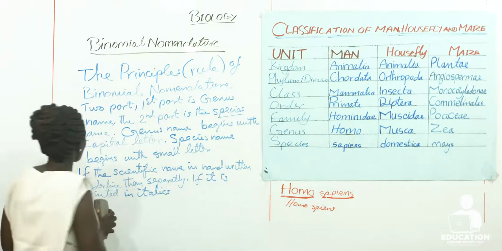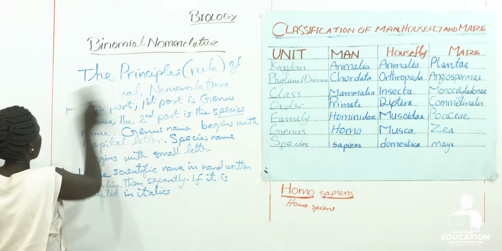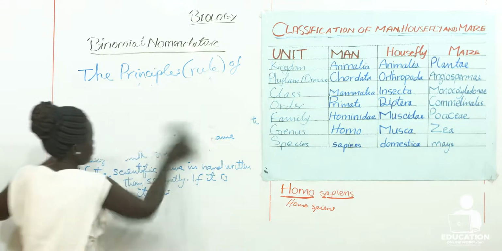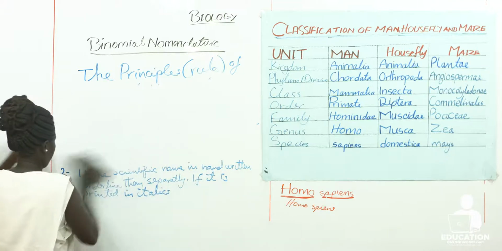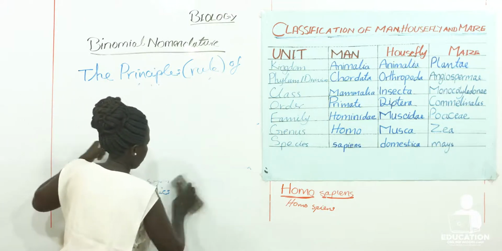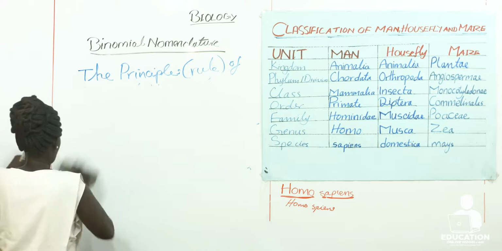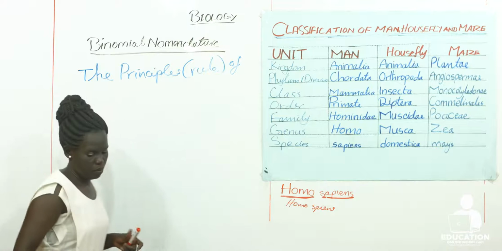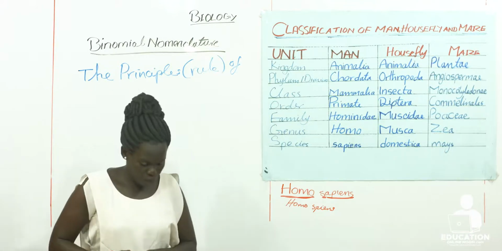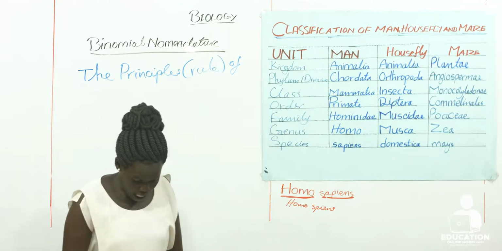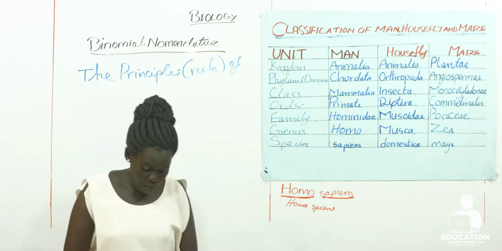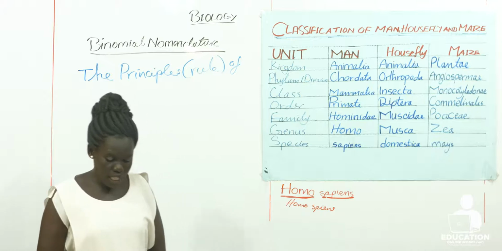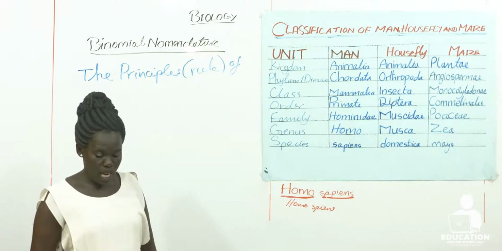So let us come to principle number 3. Principle number 3 says the scientific name is sometimes written with the name of a scientist who first adequately described and named the organism.